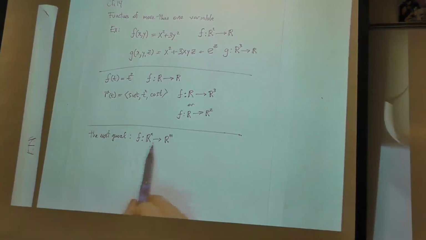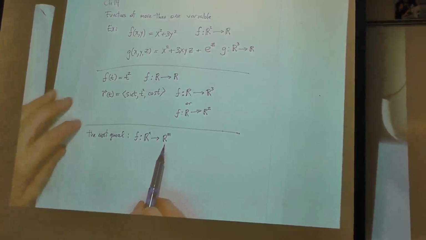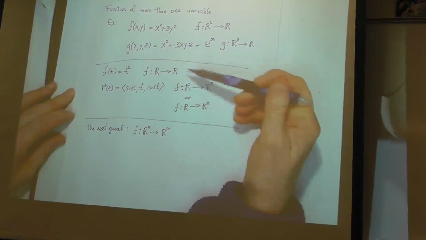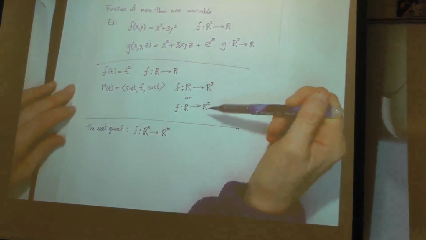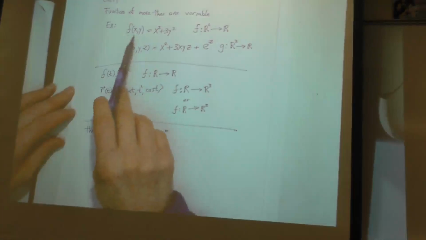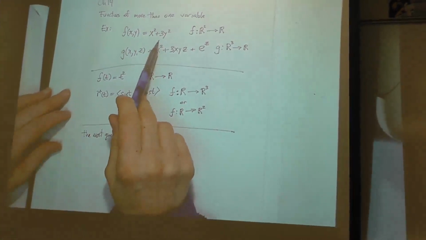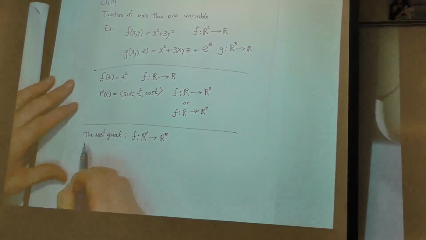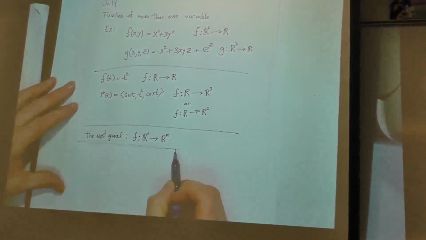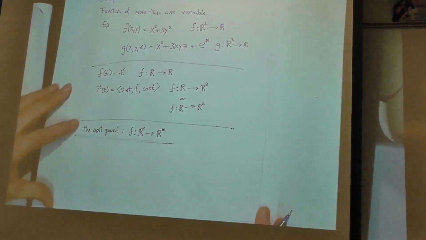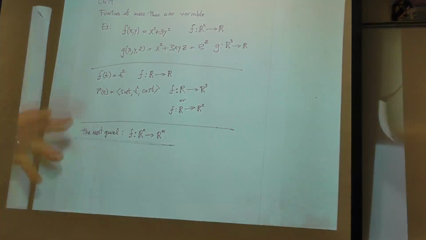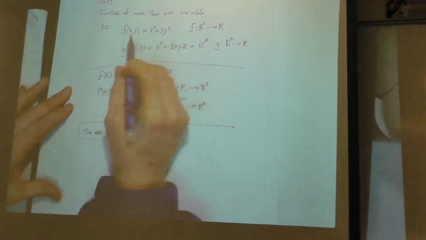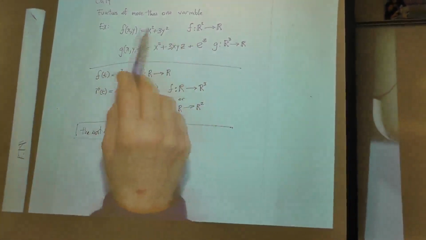This is the most general way in which you can define functions. They don't have to start with a real number and map to something in 2 or 3 space. They don't have to start in 2 or 3 dimensions and map to real numbers. The calculus here is more complicated, mostly because of bookkeeping, trying to keep track of everything. We don't do this. So what we are going to look at are these two scenarios.